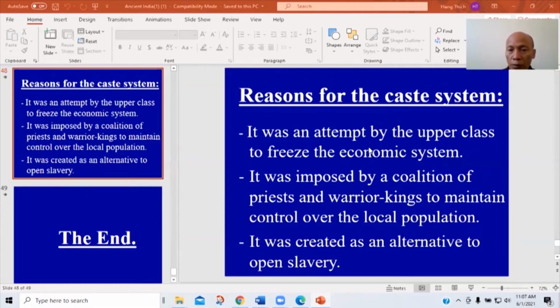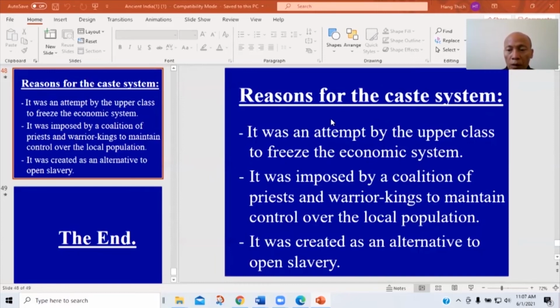So it was imposed by a coalition of priests and warrior kings to maintain control over the public, the people. It was created as an alternative to open slavery. So that's the basic information about ancient India as well as Hinduism.